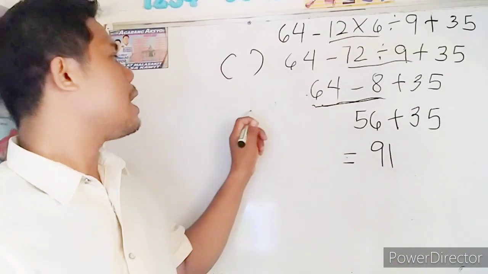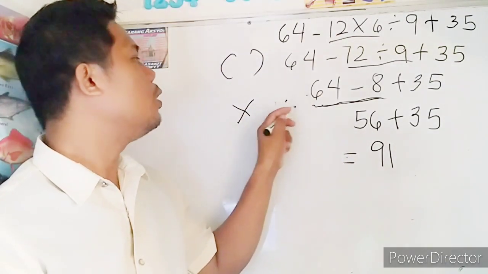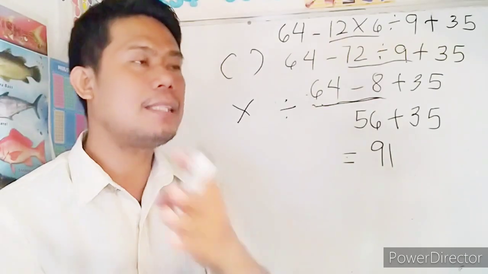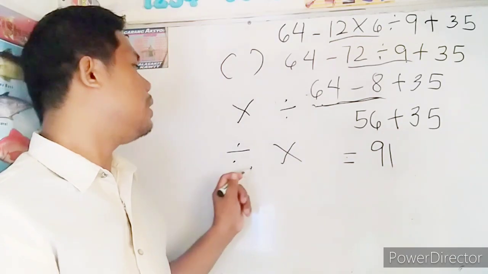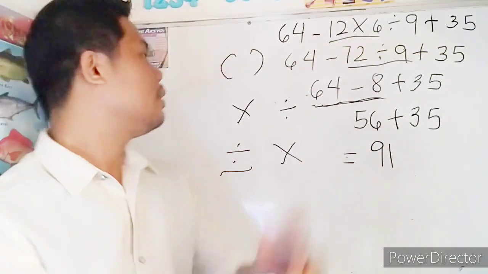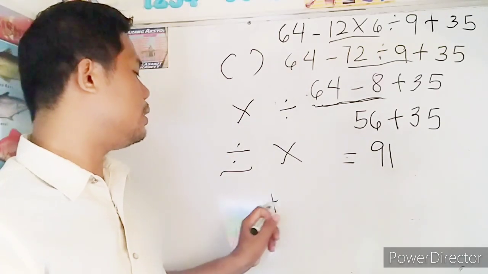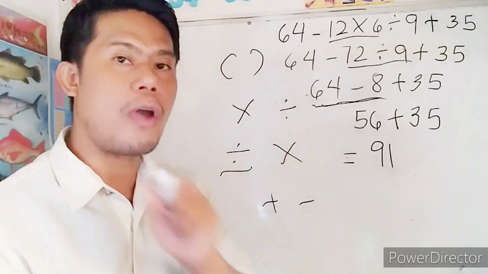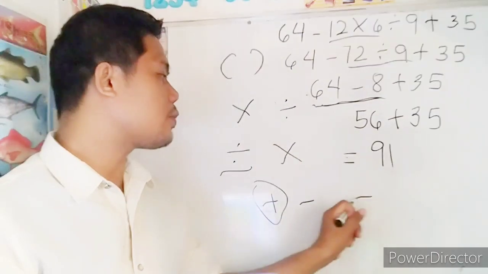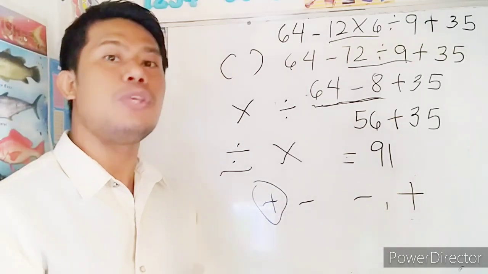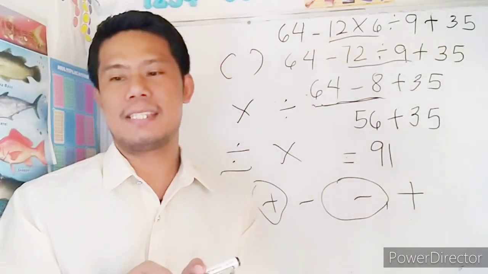Let's say, for example, if multiplication comes first, you're going to multiply. But, if division comes first, you are going to divide. The same with addition and subtraction. So, if addition comes first, you are going to perform addition. But, if subtraction comes first, you are going to subtract. That is the rule of PMDAS.